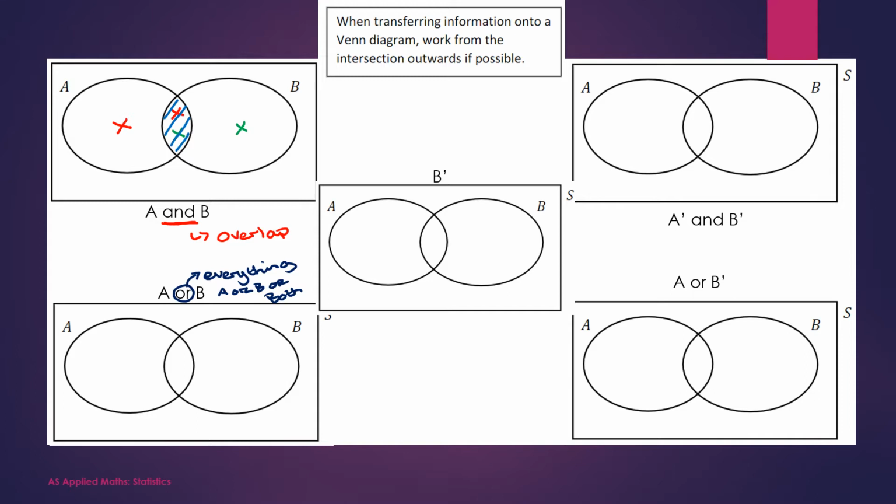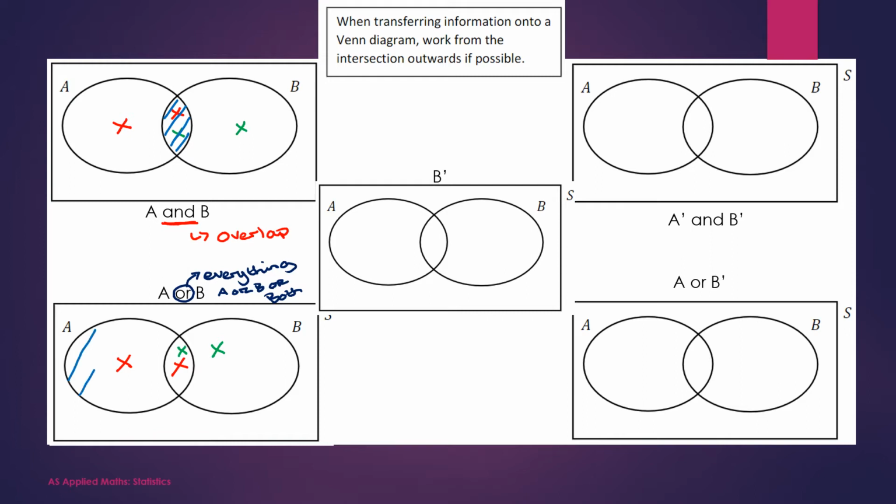So just like I did above, I've got A, which is that section and that section. We have got B, which is that section and that section, and then this time I want to shade in everything that is represented by a cross. So anywhere that I've put a cross, I should be able to shade this in.